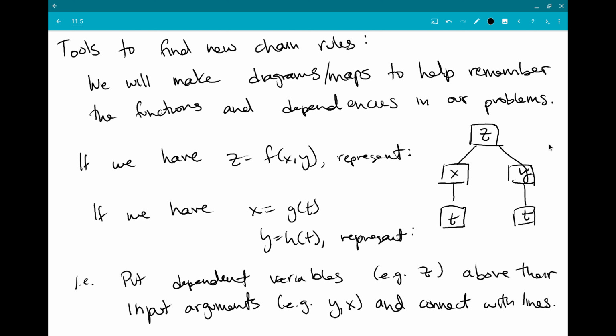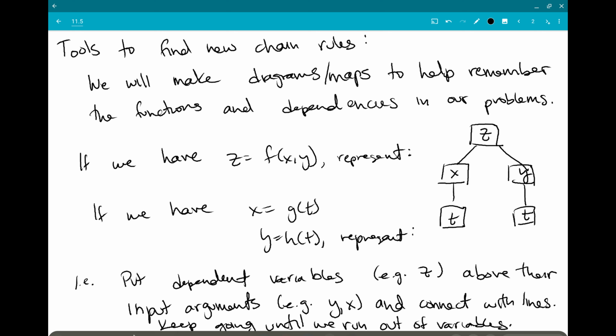And then we just connect those with lines. And we're just going to keep going until we run out of variables. That's the general idea of how we're going to build the maps that help us find chain rules.